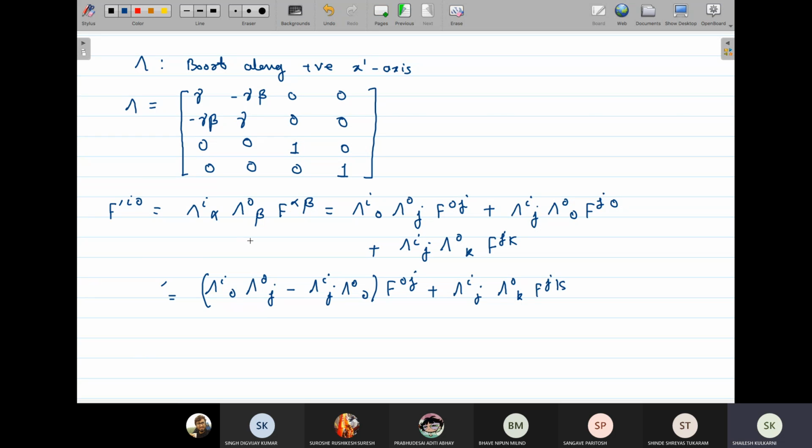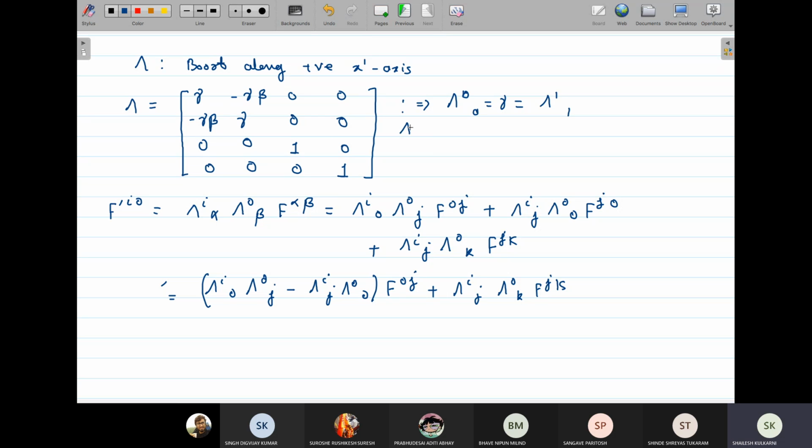Right, now you substitute. At this step it is quite general. Now you use the given Lorentz transformation. This given Lorentz transformation says that lambda 00 is equal to gamma, equal to lambda 11.